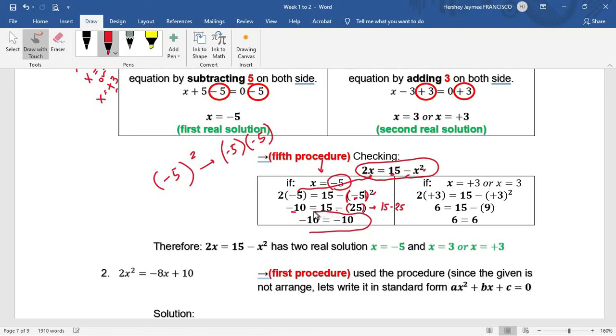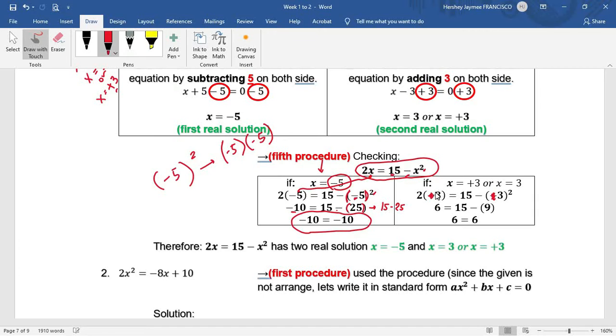So, therefore, your answer of negative 5 as your first real solution or first real root is correct because your equation is balanced. Next, you have x is equal to positive 3, or x is equal to 3. You just replace the value of x: 2, open and close parenthesis, put the value of x, which is positive 3, is equal to 15 minus x squared. The positive sign you can omit even if you do not write it.